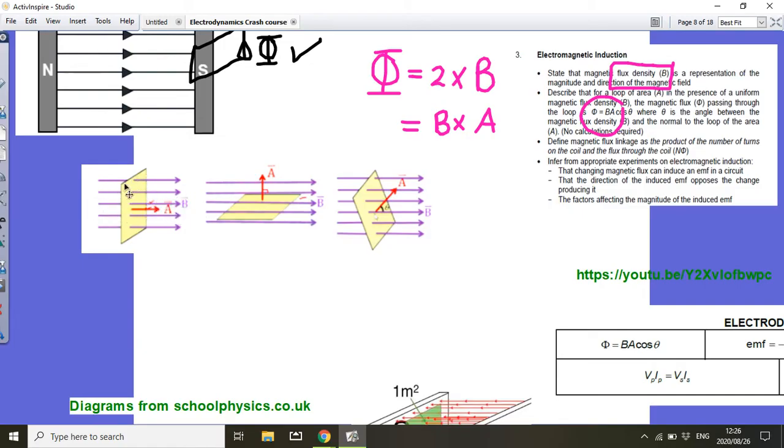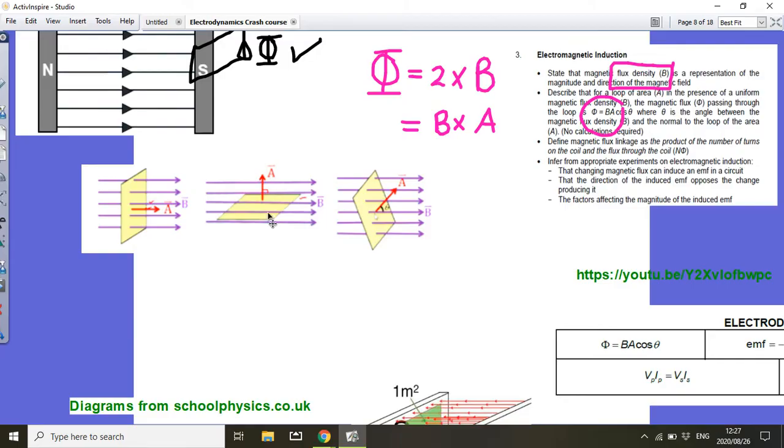Now if my coil is in this position, whether you call it coil, loop, solenoid or armature, any of those words can be used, you can see there are all these lines passing through the area. So I've got a high magnetic flux.